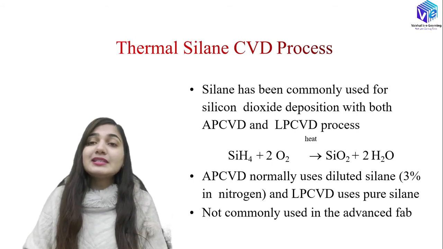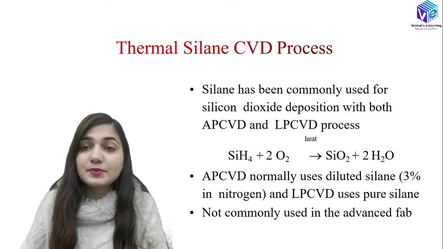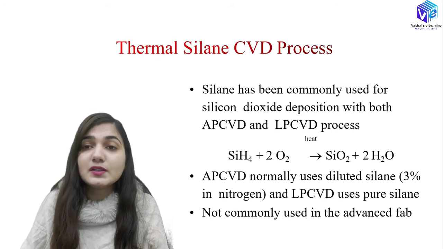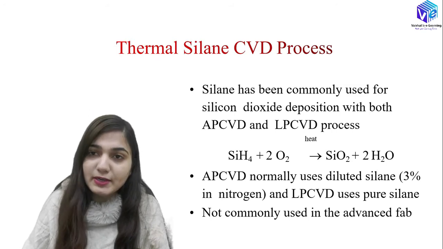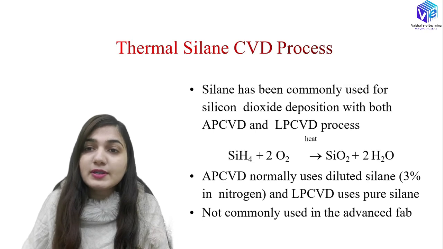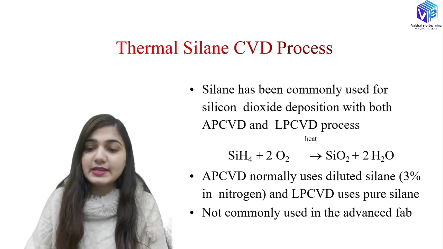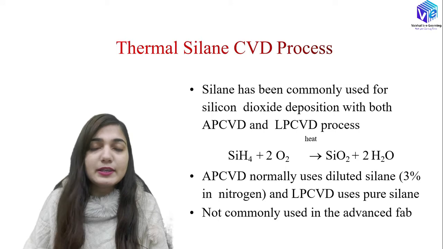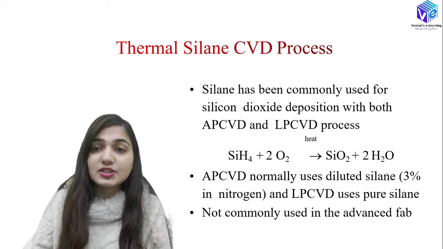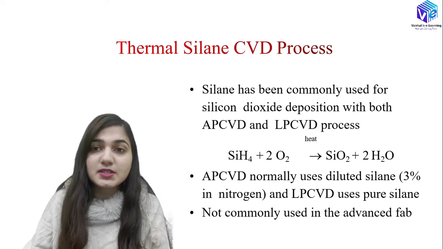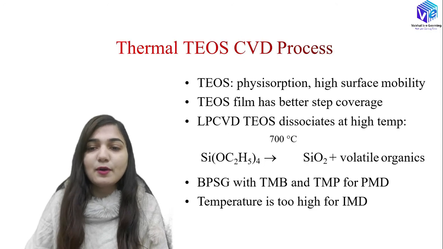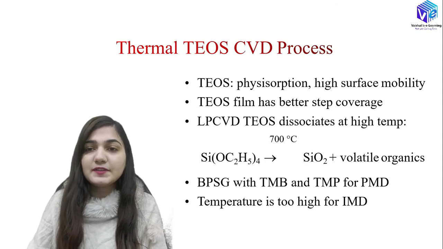Silane is a costly substance. Whenever I am using diluted silane, the cost will be reduced. So when I am using APCVD, the cost is reduced. Whereas if I am using LPCVD, I have to use the pure silane. So it is not commonly used in the advanced fabrications of the VLSI chips, right? This was all about the thermal Silane CVD process.